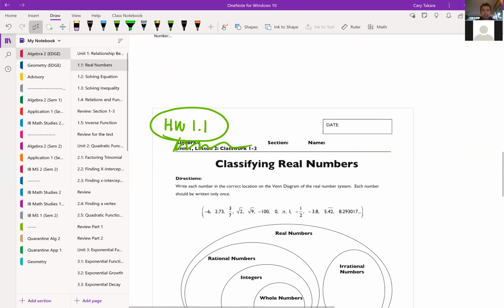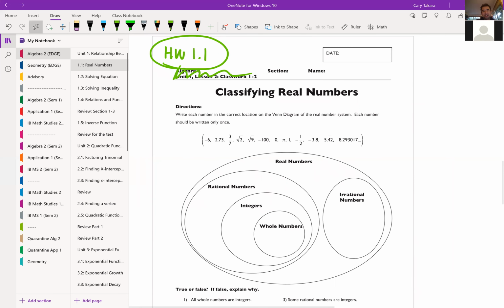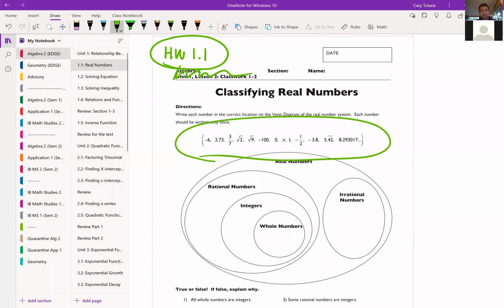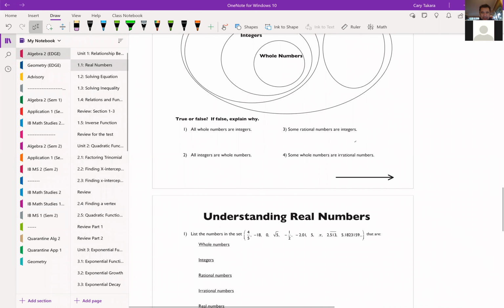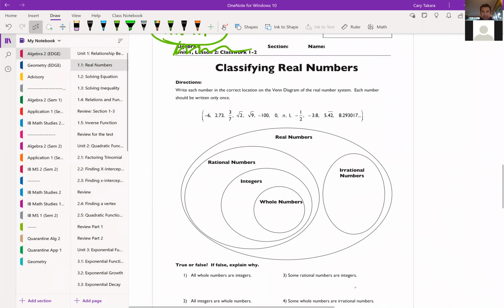And we're just going to classify all these numbers. And we're just going to answer some of the true false questions. Yeah, let's do that.